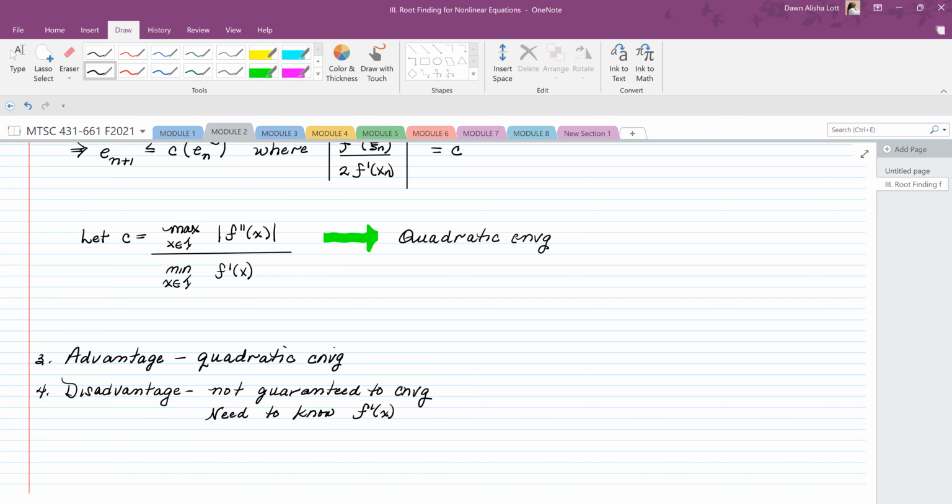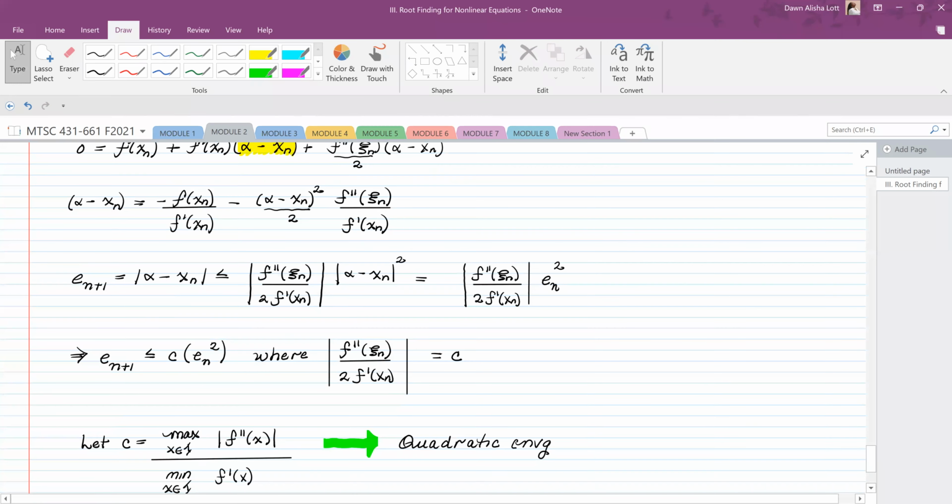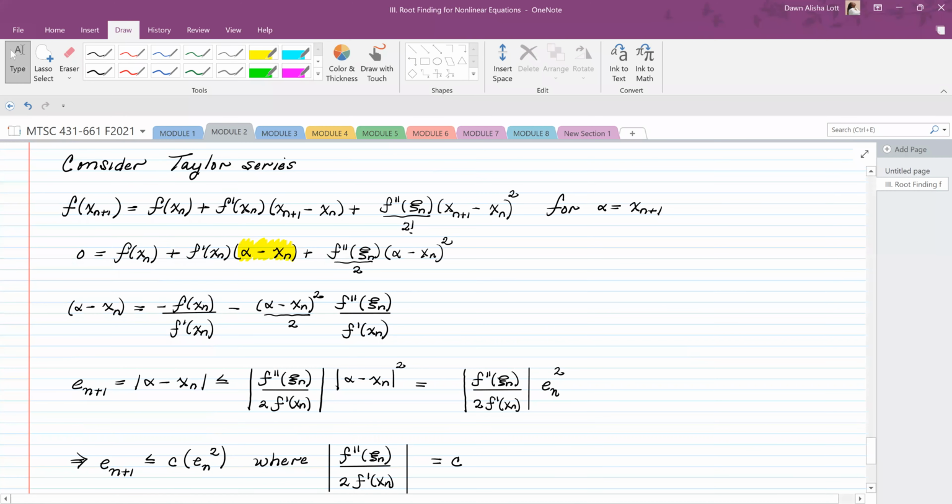Excuse me, Dr. Locke, can you go up a little bit? Yes. For the fifth line, with the alpha, do we write en plus 1 equals the absolute value of alpha minus xn?